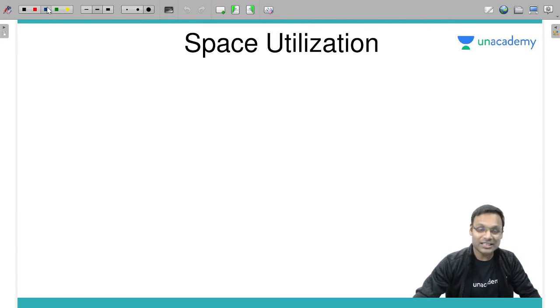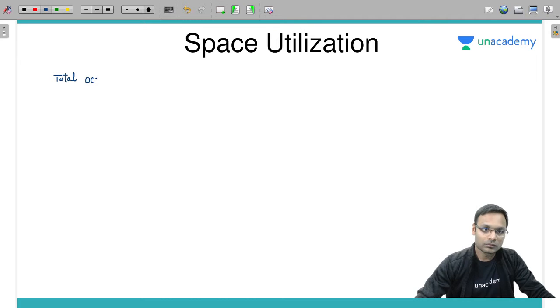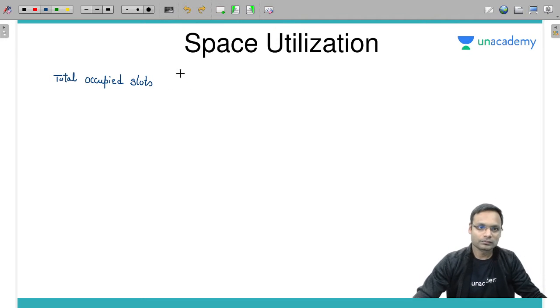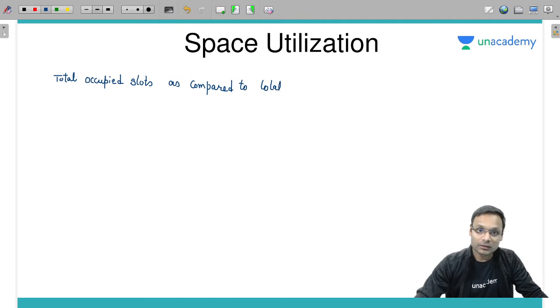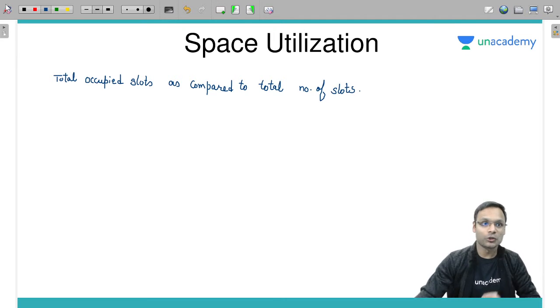So space utilization: total occupied slots as compared to total number of slots. That is the space utilization.